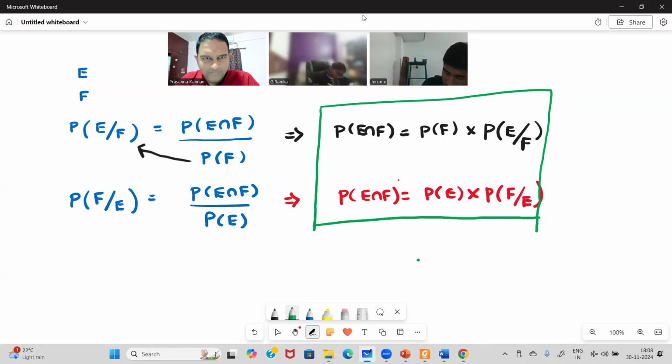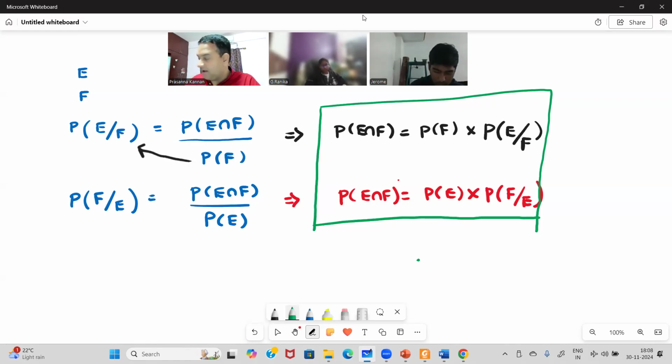Have you taken down? In fact, we have seen this concept in permutations and combinations last year. Whenever there is AND or intersection, you're going to multiply. When I say P of E intersection F, that means event E is happening and F is happening.